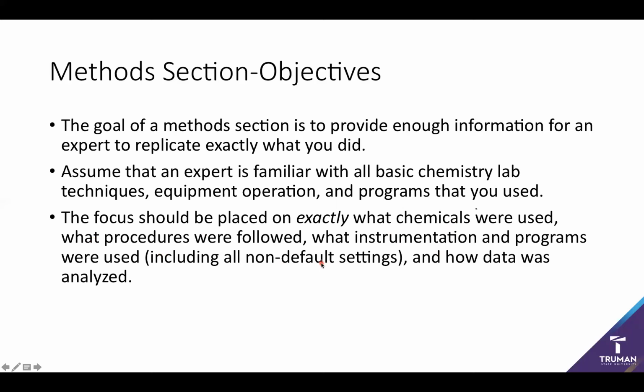If you're only using the default settings, you often don't need to give a full set of details. However, as soon as you start using any non-default settings, make sure to specify exactly what you did. And here's an aspect that's often missed in a method section, and that's that it should include exactly how your data was analyzed, as well as how it was collected.